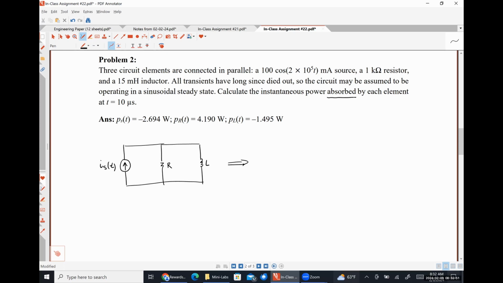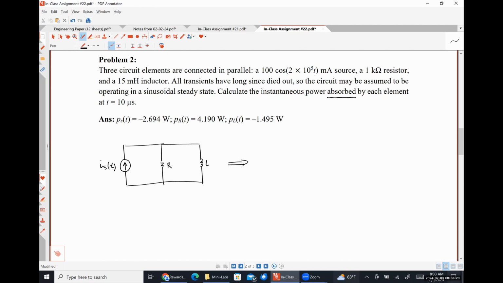So if I were going to try to solve for the instantaneous power for my current source, what pieces of information, excuse me, would I need? This isn't supposed to be a trick question, by the way. Voltage drop across the current source and the current flowing through the current source, right?